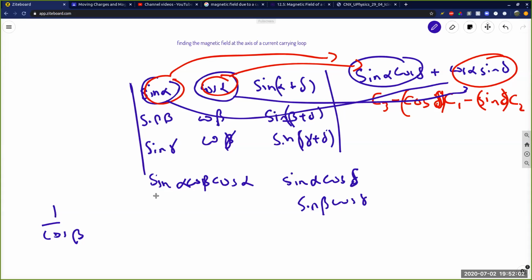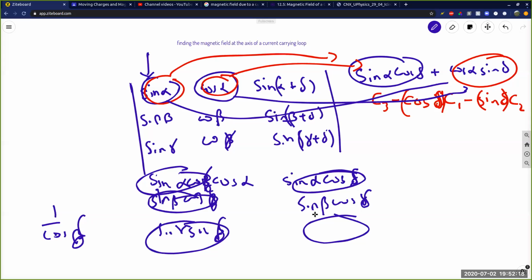If you multiply C1 by cos beta, you'll get sin beta cos beta, sin gamma cos beta, and everything has cos delta. तो ये दोनों identical हो गए ना? This C1 and C3 become identical. The same way you can make the other determinant also 0. Okay, yes, sir. Thank you, sir.